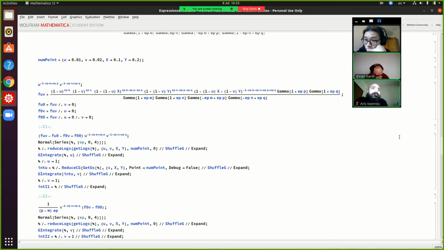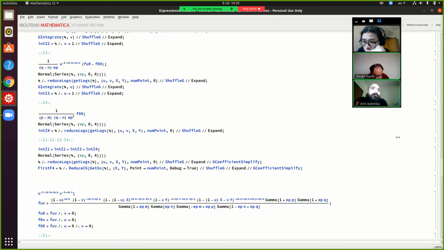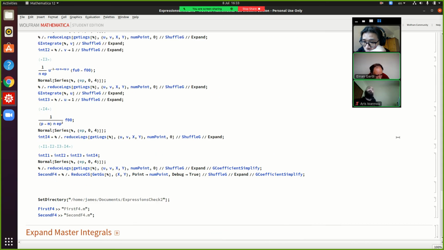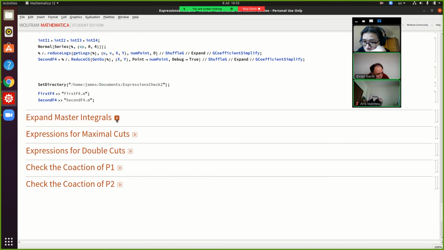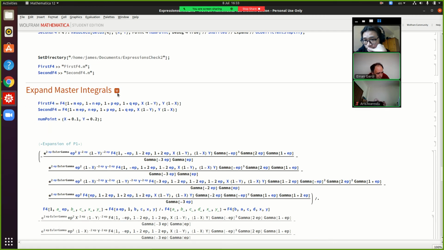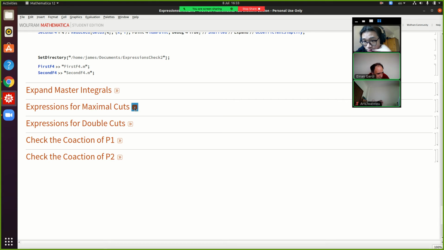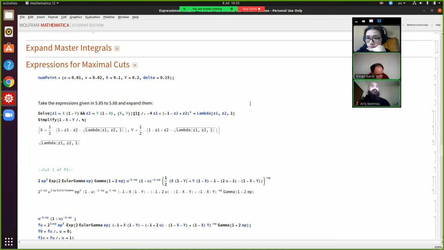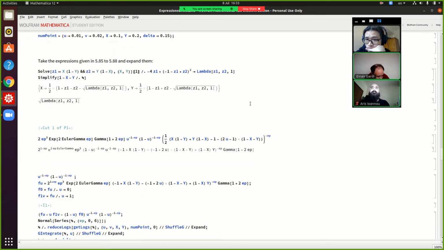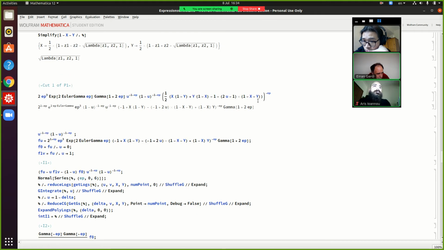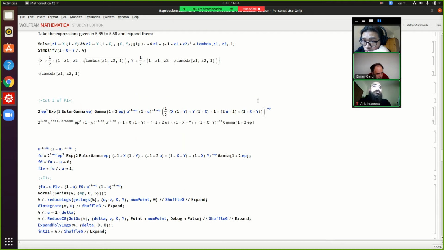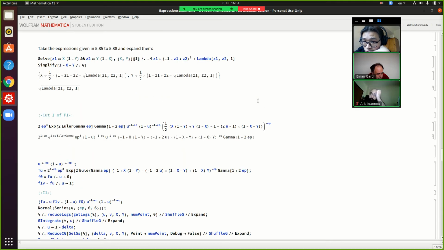And then let's go down to see what is given for the cuts. I think it's another section. So this is the expansion of the master integrals, and the expressions for the maximal cuts. You see that these are simpler functions. What's going on here? I can't see the functions.